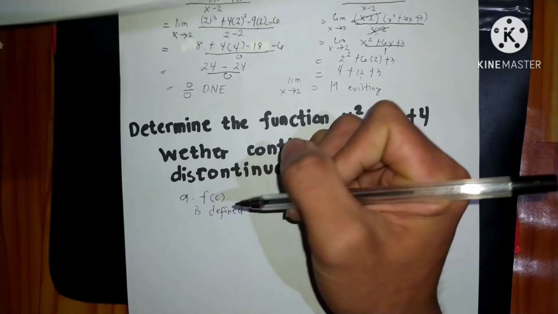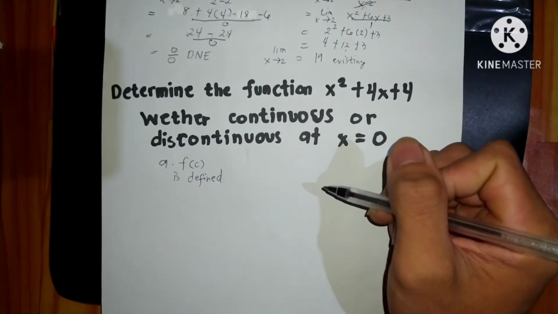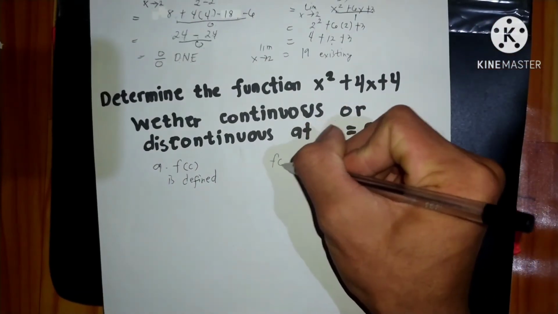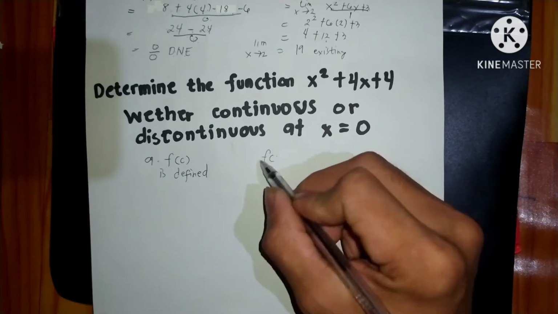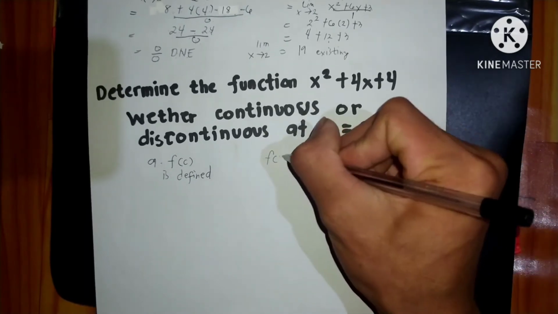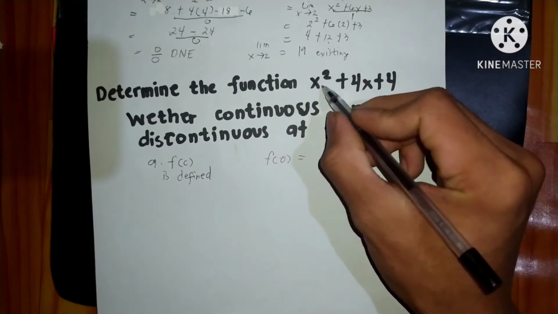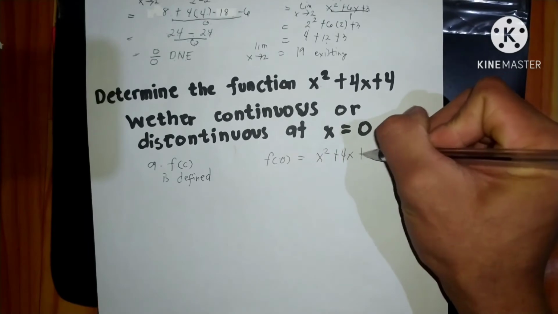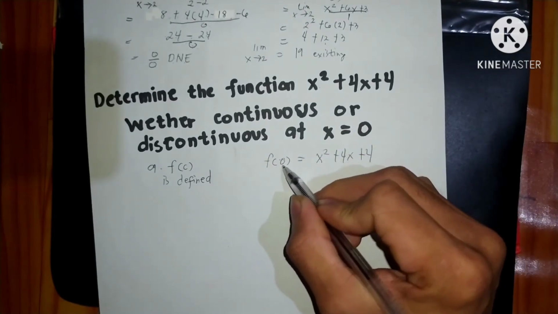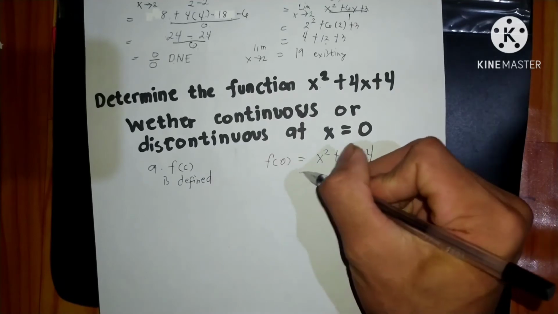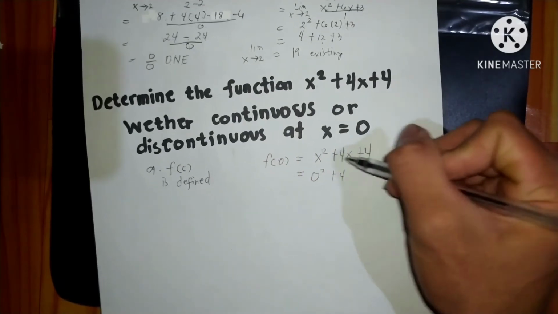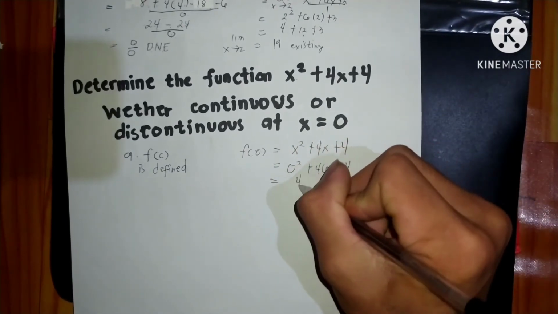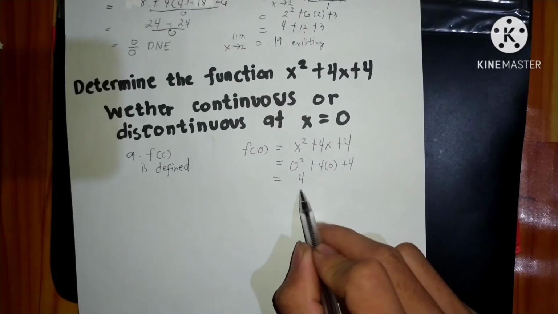Just copy this. F of c or x natin dito is 0. F of 0 is equals to x squared plus 4x plus 4. Just simply substitute the value of 0 into the variable x in this function. 0 squared plus 4 times 0 plus 4 is equals to 4. So, f of c is defined.